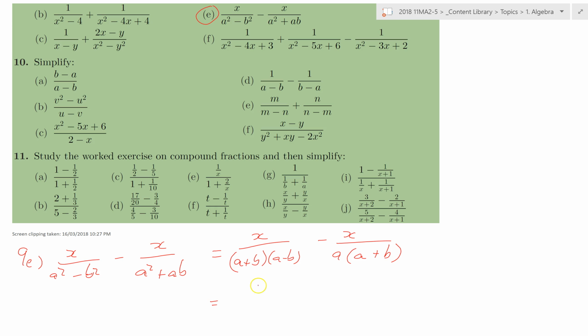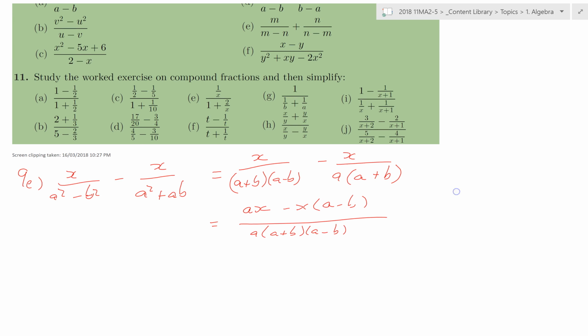Okay, so that looks like this. I have ax, now we're going to have a common denominator, minus x(a minus b), all over a(a plus b)(a minus b). Okay, so we've got a common denominator. I multiplied top and bottom here by a, top and bottom here by a minus b. Alright, and we can join these things together.